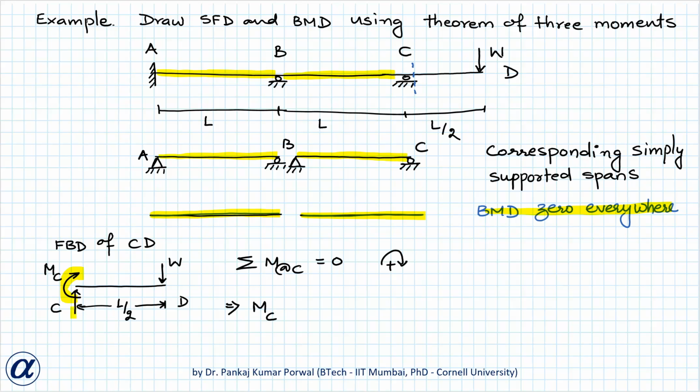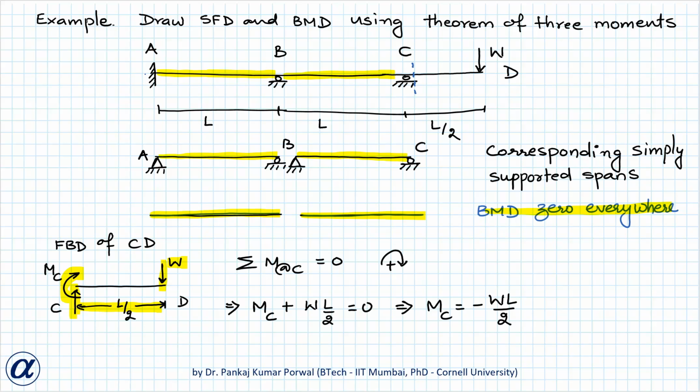The moment because of this vertical force will be 0 because it passes through the point C. The moment because of this W will be clockwise, so plus W into lever arm L by 2 equals to 0. So this gives me MC equals to minus WL by 2.